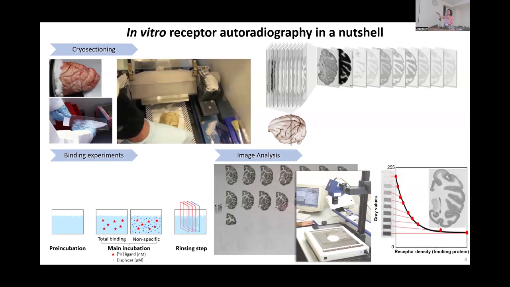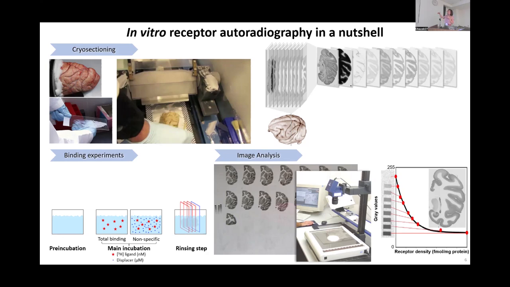But once we have linearized these images with the gray values of the microscales, which have been calibrated for brain protein content, then the x-axis really visualizes receptor densities in femtomole per milligram protein, okay?